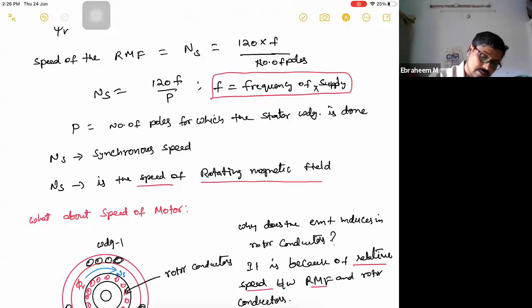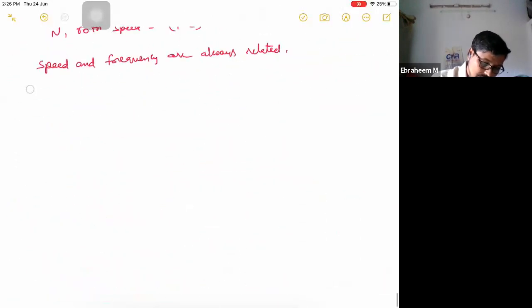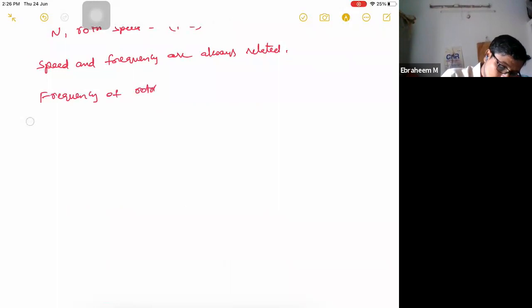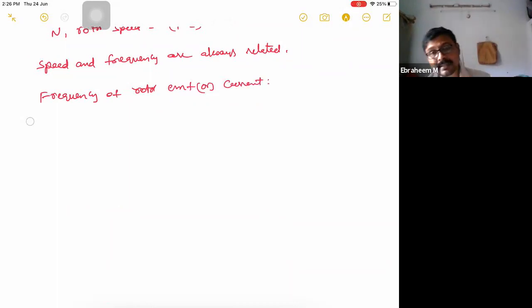Frequency of power supply, right? But here what we are talking about is the frequency of rotor EMF or current, because in the rotor the EMF or current are induced by the stator, right? So at what frequency are these induced in the rotor? It depends upon the speed between the rotating magnetic field and the rotor.